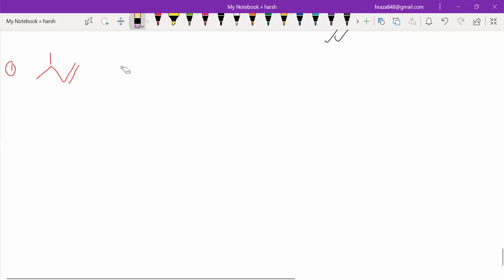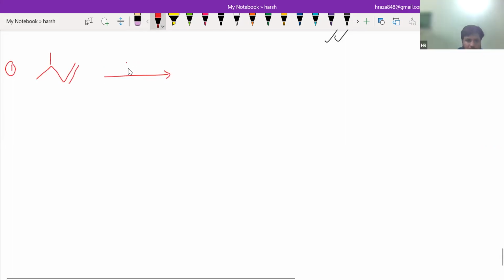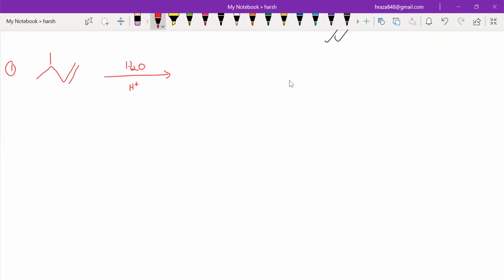Either it will be written like this or it will be like this. H2O in the presence of H plus. Please write the product. Name the product basically. Write the product and write its IUPAC name also.